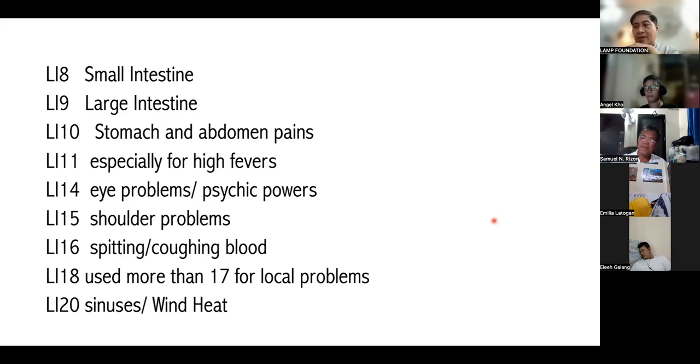Nagtatain ng ano. Nakalimutan ko na. Matagal na kasi ako na. Hematochezia. Does everybody know what is hematochezia? Blood in the stools. Yes, very good. Hematochezia.